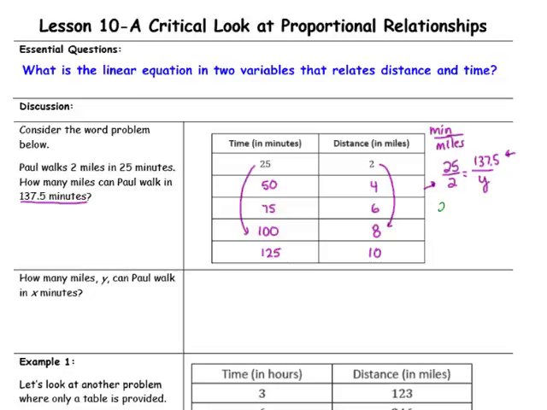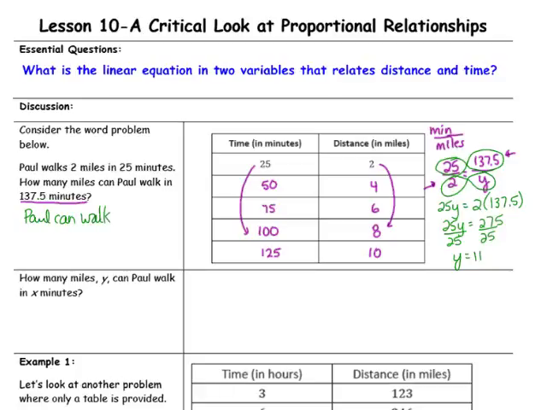So we have 25y is equal to 2 times 137.5. 25y equals 275. Divide by the coefficient. Our value of y is equal to 11. That means that in 137.5 minutes, Paul can walk 11 miles.